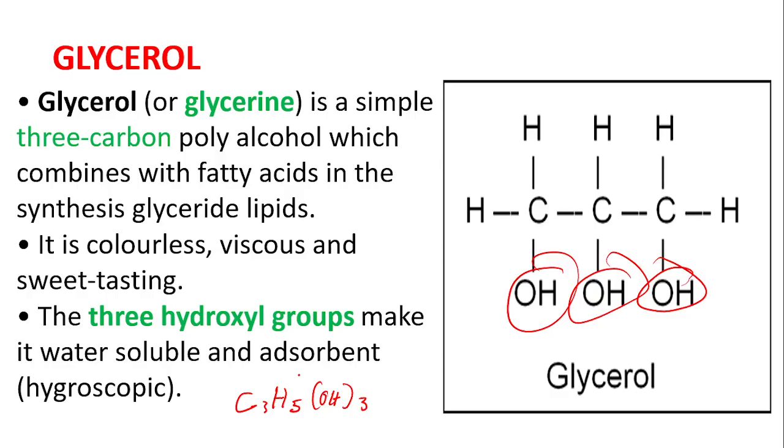So this is the formula for glycerol, or sometimes it can be written as CH2OH, then CHOH, and then CH2OH. So these formulas are very important in your tests and exams.